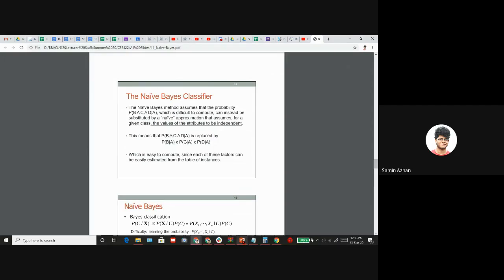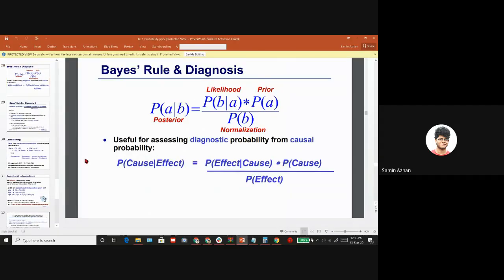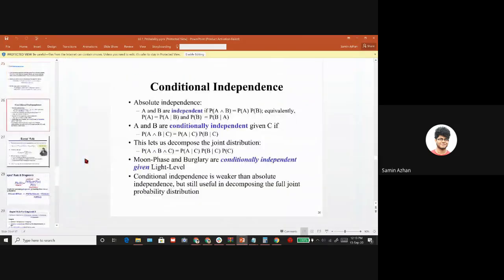If you look at the slide, it will be a bit clearer to you. This condition, practically right here: conditionally independent.